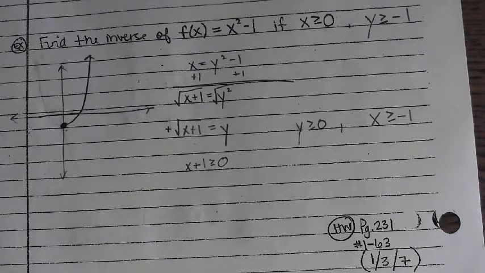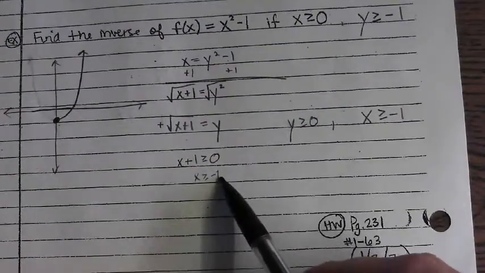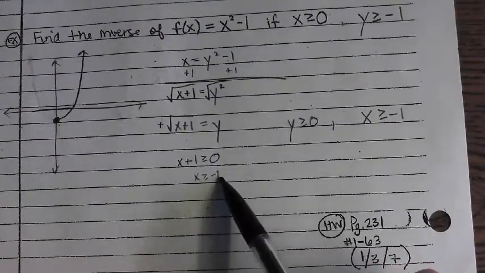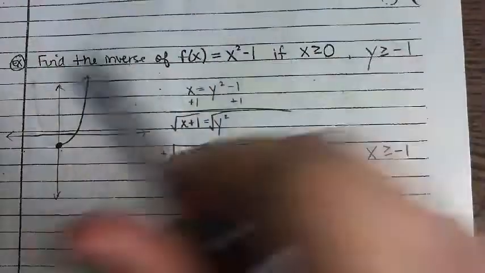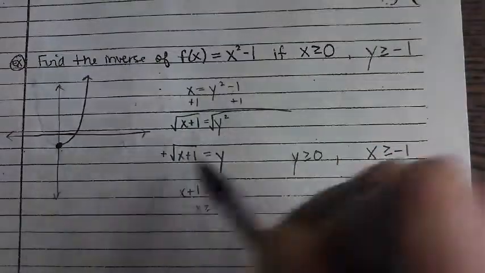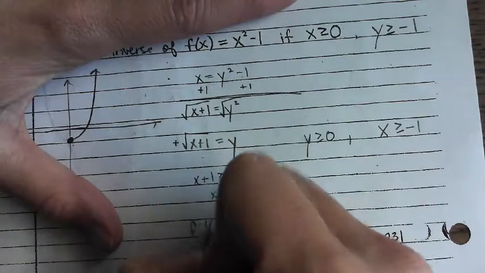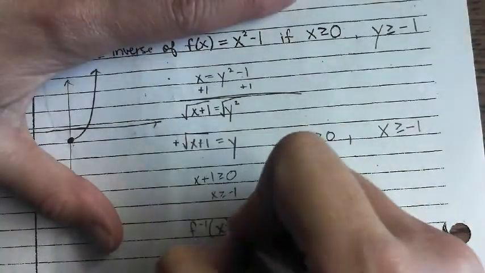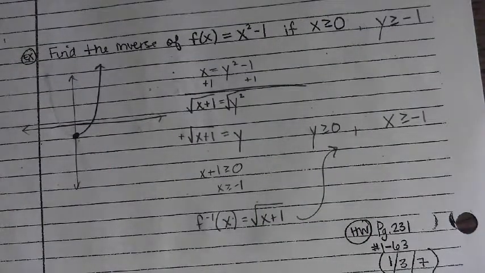So if we look at the domain of the new function, knowing that x plus 1 has to be greater than or equal to 0, that would produce that anyway. Okay? But this part we definitely have to think about. Because the original function was limited, somehow our inverse function is going to be limited. And then I'm just going to change this to f inverse of x equals the square root of x plus 1. And those are my domains and ranges.